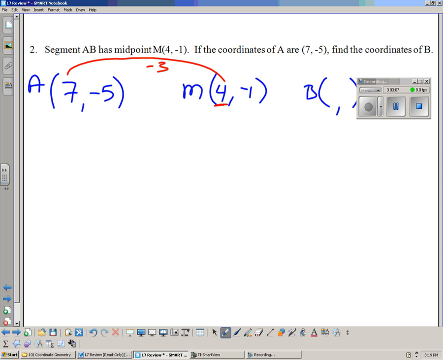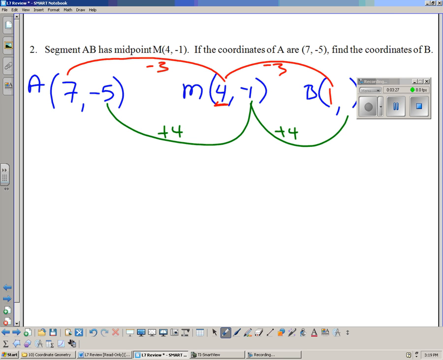So you just do it again. You do it to the 4. 4 minus 3 is 1. And that's the x-coordinate, because literally the midpoint is in the middle. It's directly in between those two. So if you figure out how the numbers are changing from 7 to 4, you apply that again. And then from negative 5 to negative 1, you're going up 4. Do it again, up 4, negative 1 plus 4, positive 3. There's your answer.